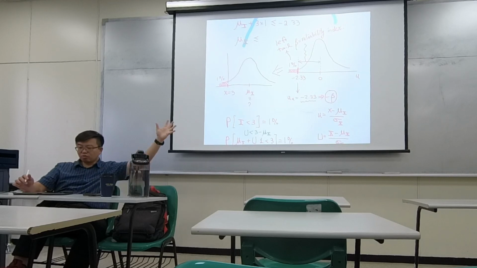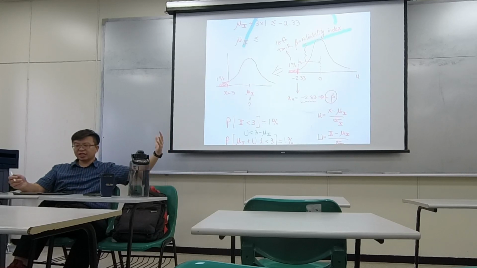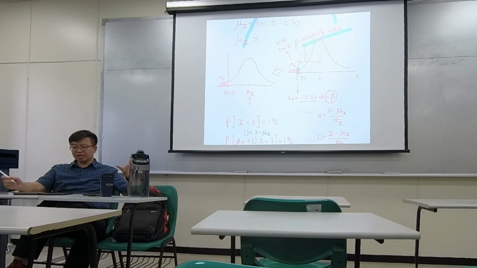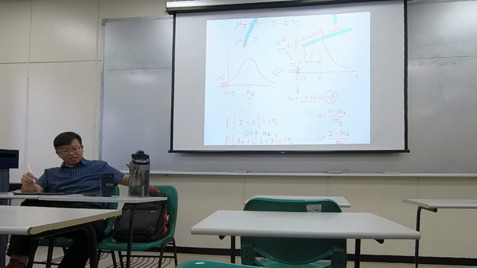In the standard normal design space, I want to keep a distance of reliability index from the origin to this UA point. The distance is going to be 2.33, and because it's on the negative side, this UA point is going to be negative beta, negative 2.33, so that the left tail is 1%.